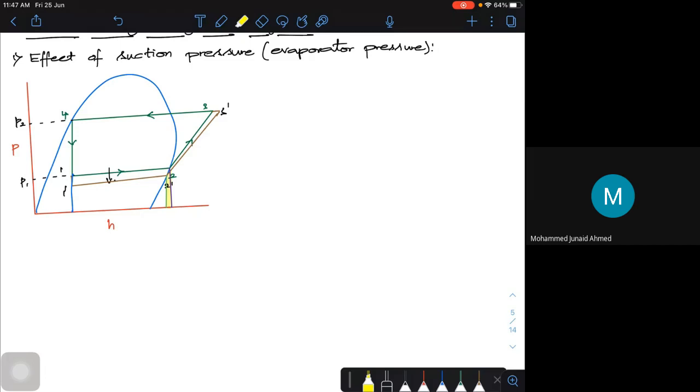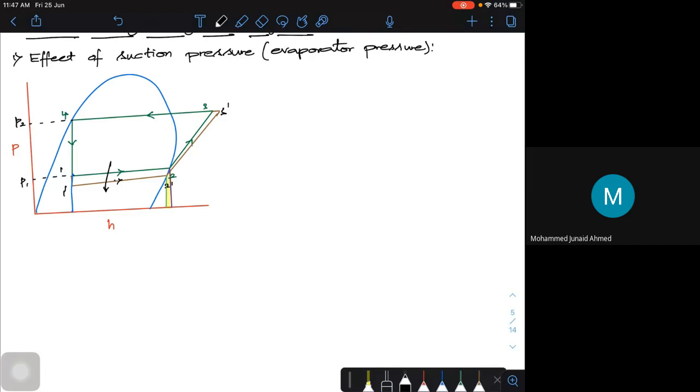I simply reduced the operating pressure of your evaporator. The decrease in the evaporator pressure will decrease your refrigerating effect, your heat absorption.